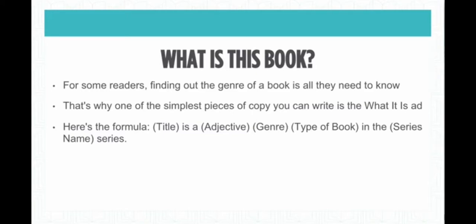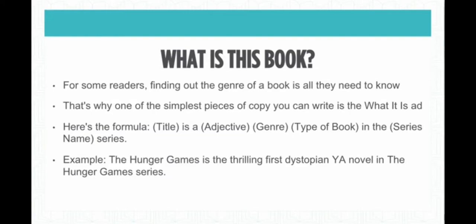Here's the formula. Title is an adjective, genre, type of book in the series name series. So, example, The Hunger Games is the thrilling first dystopian YA novel in the Hunger Games series. It often works better when the series title and the first book title aren't the same, but this is fine as it is.